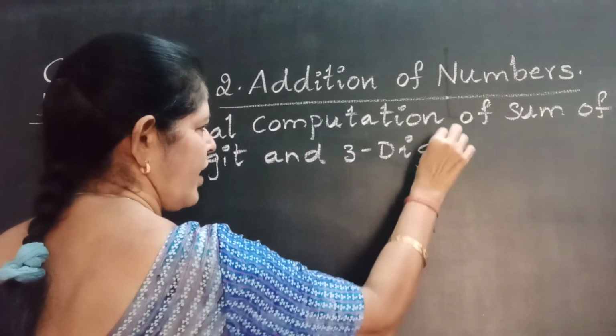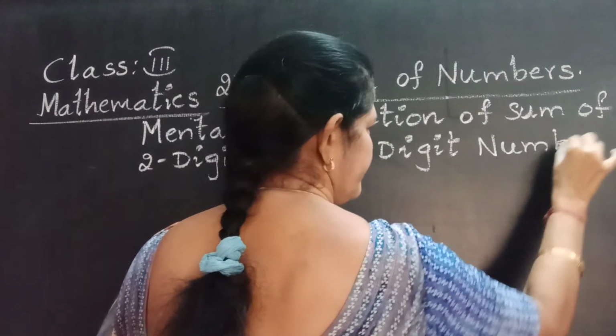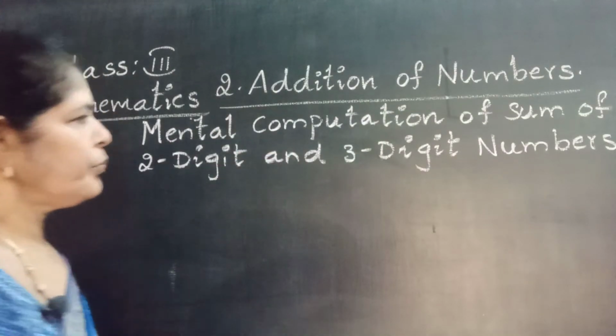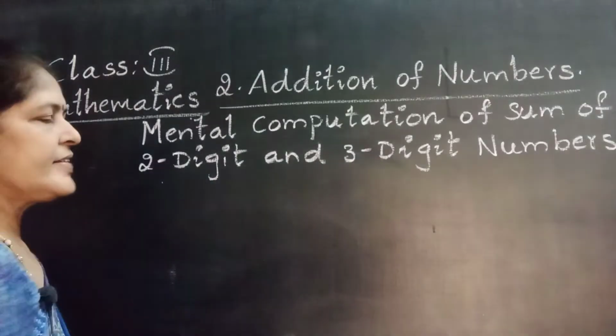Heading is long, but solving of the problem is very easy. See, mental computation of sum of 2-digit and 3-digit numbers.